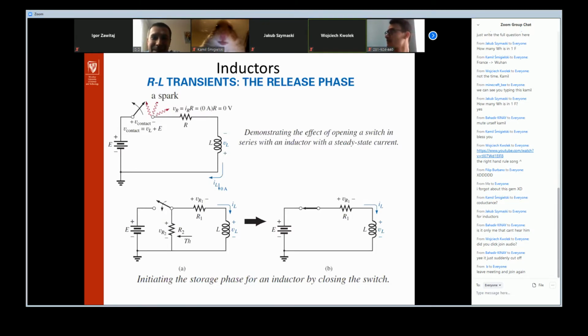Why? Because your power network, in fact, which is hidden in the wall, has a lot of wires, and they also have some inductance. The currents are passing through these power lines.